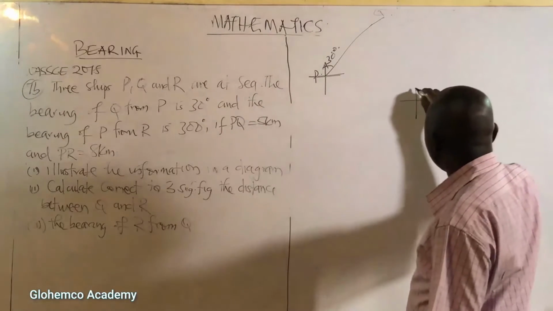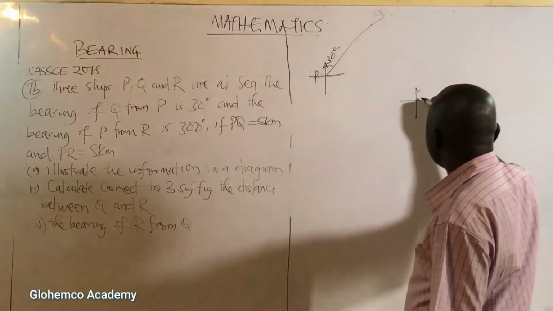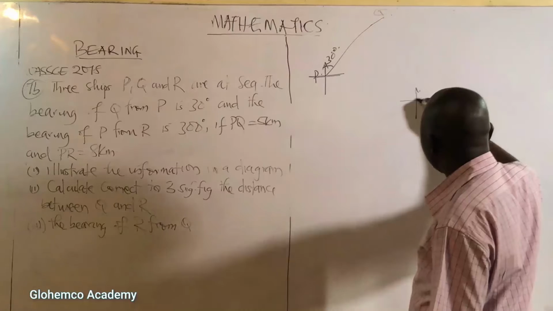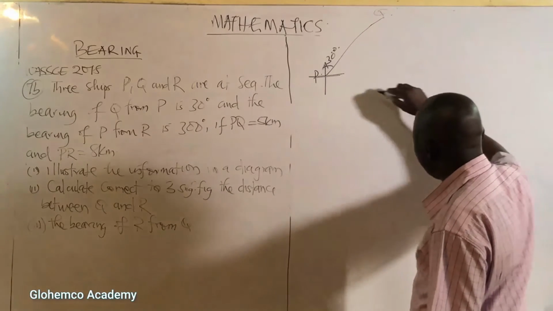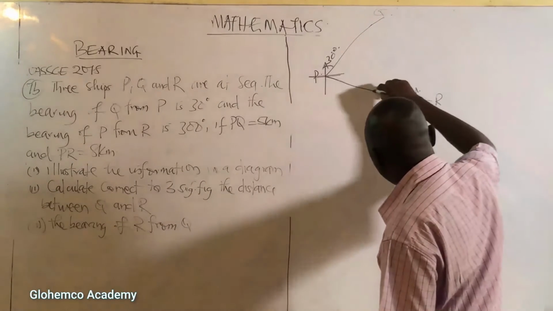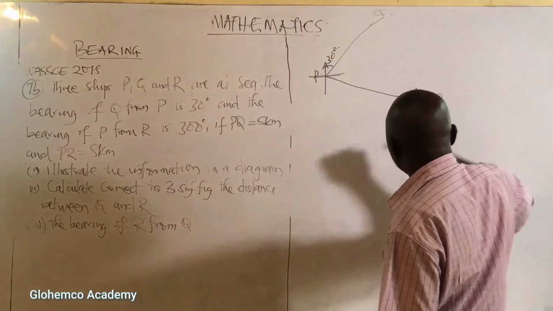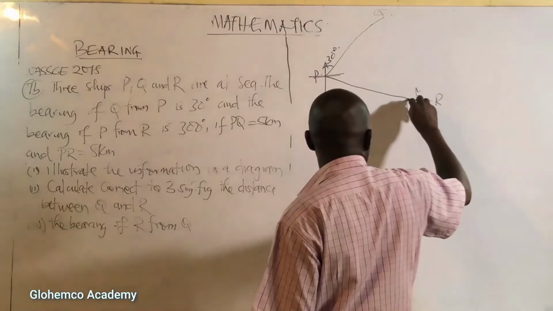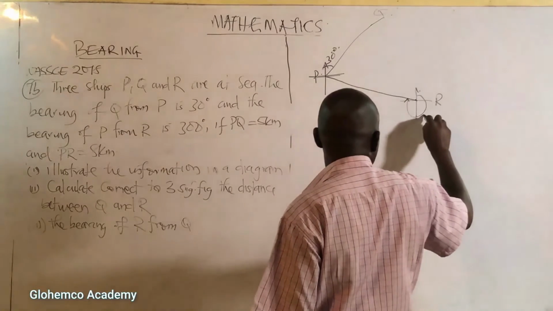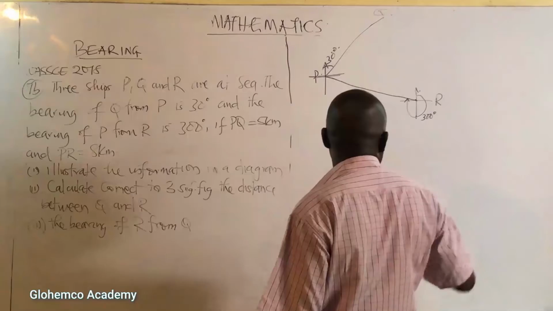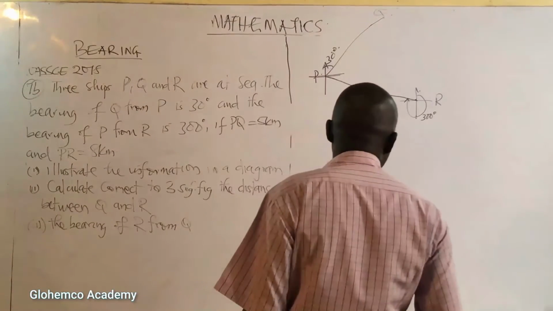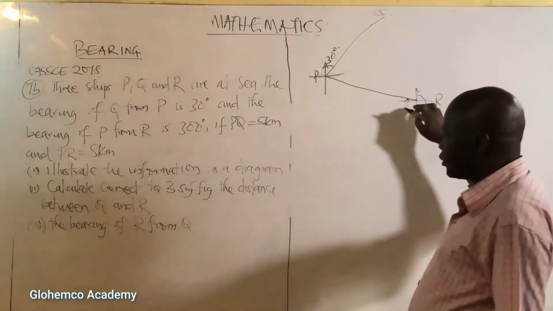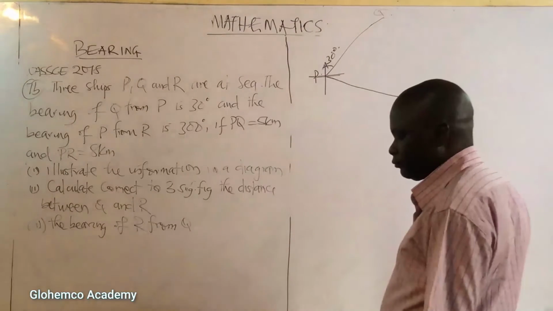If you move from the North Pole, this is 90, that's 180, that's 270. 300 can be found in this quadrant. So we join it together here. You have something like this. So meaning that when you move from here to this place, it is 300. That is our bearing. The bearing of P from R is 300 according to the question.